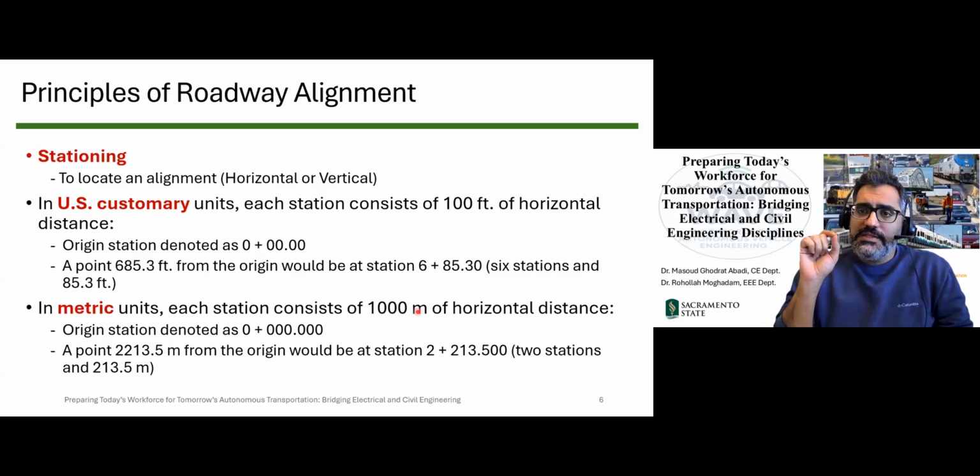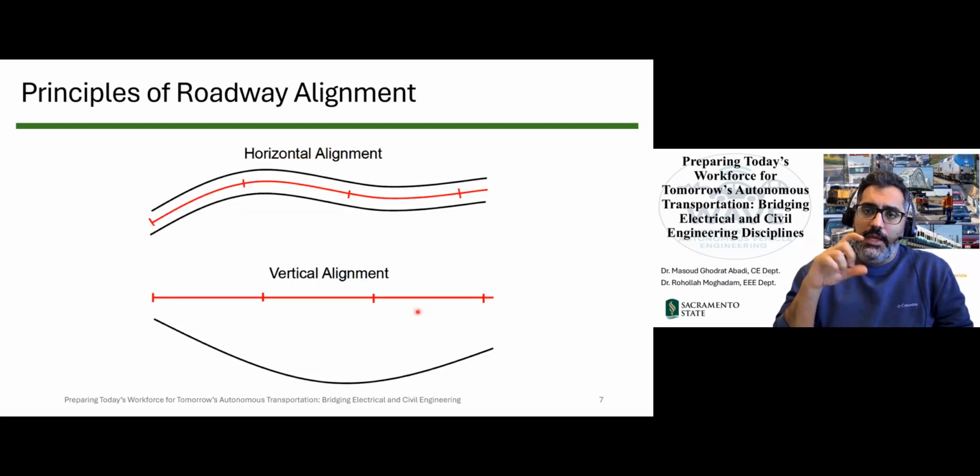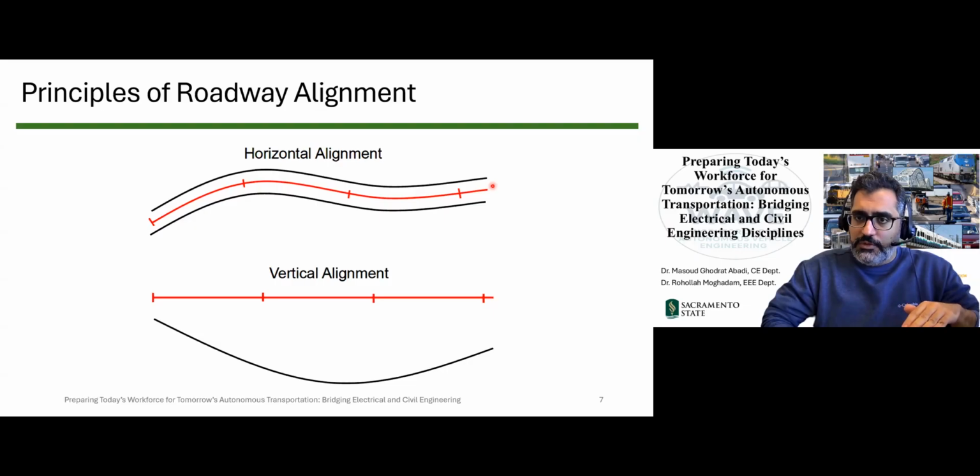Now, there is one distinction to be made when we are talking about stations on horizontal and vertical alignment. What is that? When I talk about horizontal alignment, stations are defined along the roadway. So imagine this is the center line of the roadway. This is that plan view, right? And we are measuring the stations along that horizontal alignment, along that plan view.